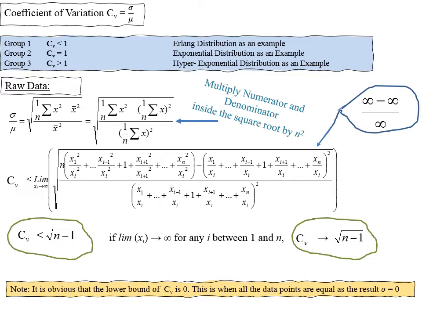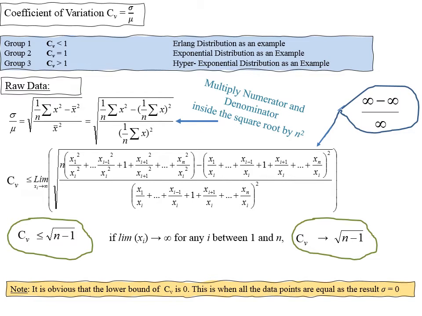If the coefficient of variation is 1, these are exponential distribution. If coefficient of variation is greater than 1, these are hyper exponential distribution. But definitely none of these tells the upper limit. So here we will investigate this part.